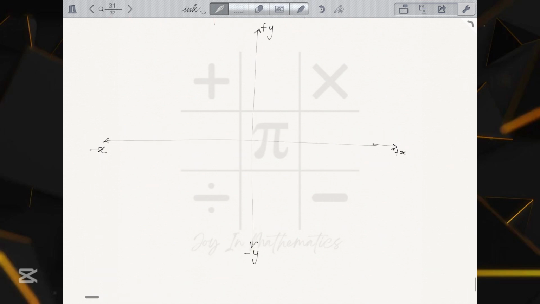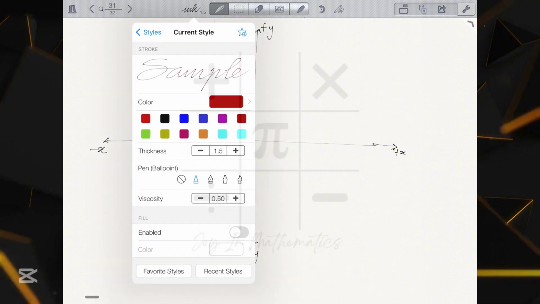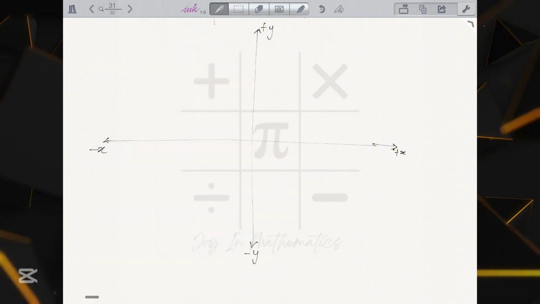Now, to fully understand this, we will just have a basic description that the x-axis belongs to, let's say, the cosine function. Such that everything on this line is equals to cosine, and the y-axis represents the sine function.